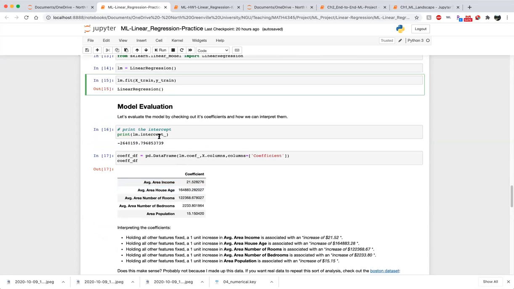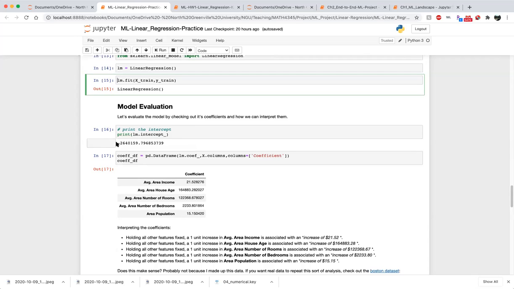So for the model evaluation, we have to check whether or not this model hypothesis really returns a good predictor. First, lm.intercept_ prints out the intercept of the linear model.